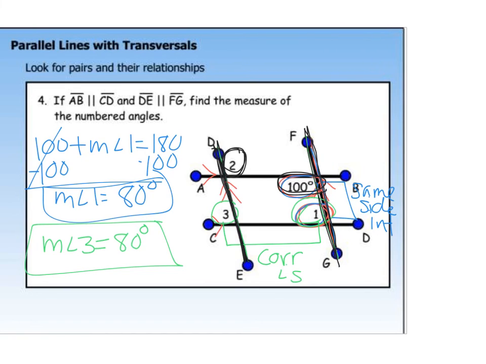What would be the relationship between 2 and 100 degrees? Hopefully you're thinking that angle 2 and the 100 degrees, they're on opposite sides of the line, and they're inside, in between the parallel lines. So they are alternate interior angles. So angle 2 would equal 100 degrees because alternate interior angles are congruent.